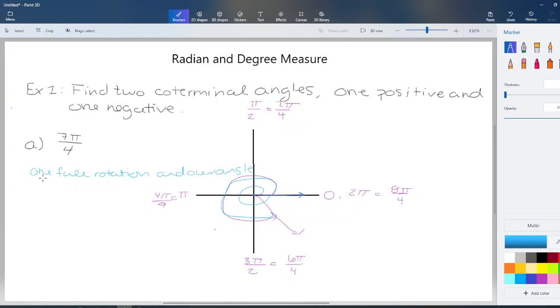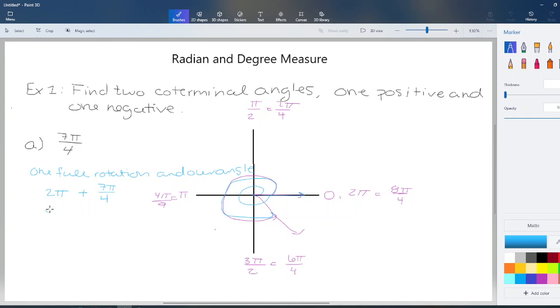Now, if we change that into something more mathematical, one full rotation we know is 2 pi, and plus, and then our angle, which is 7 pi over 4. Okay, so we're going to add 2 pi to our original angle.